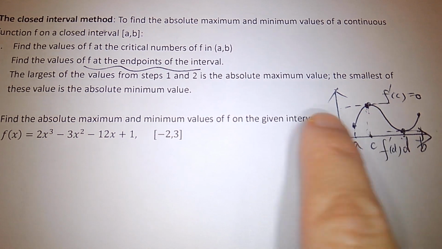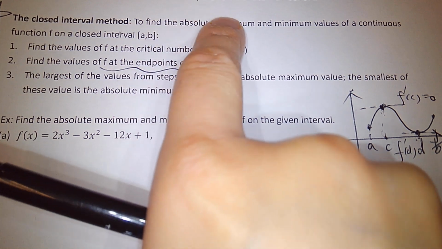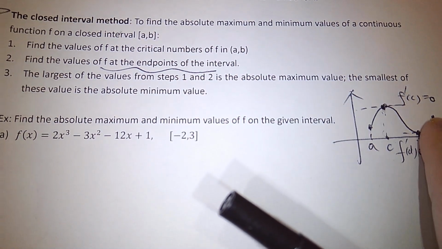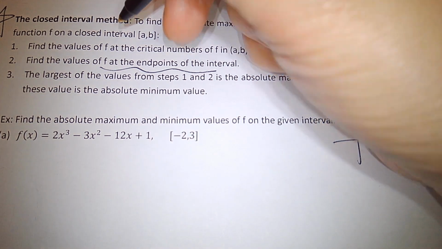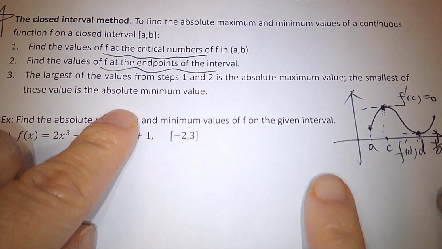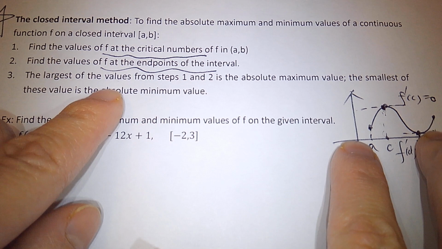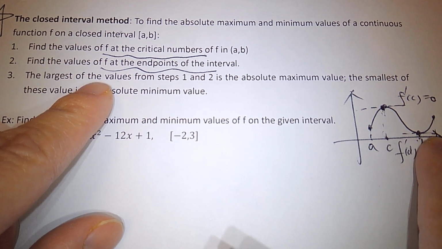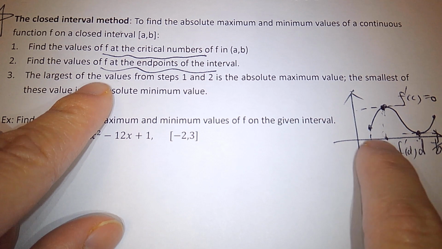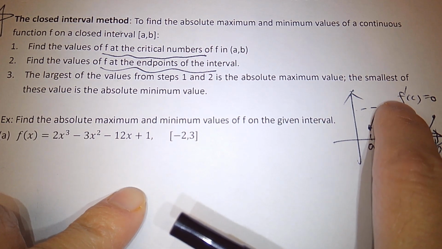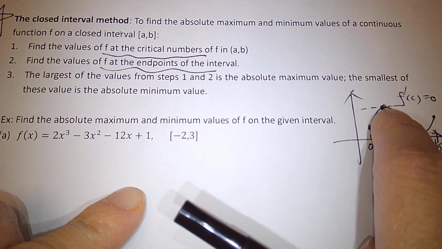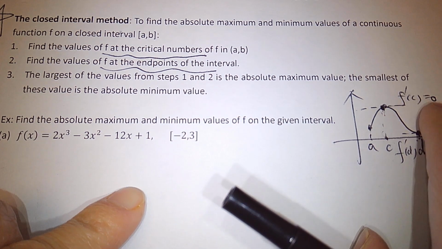We don't know. So in order to find the absolute maximum or minimum value on the entire interval, we should check either at the endpoints, whether we have the largest or smallest value, or in the middle. How do we check the middle? Find the critical numbers by computing the derivative of the function and letting it equal 0, or letting the derivative not exist.